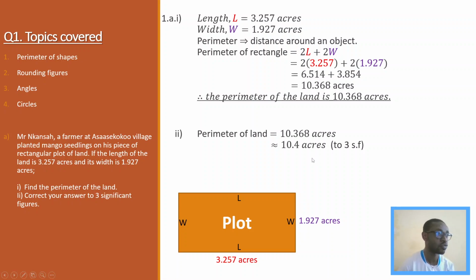Try and learn how to solve this question on your own. That is how you learn. If you don't learn how to solve the questions on your own, it will be very difficult when you meet a similar question. So try and solve the questions on your own once you know what the solution is. All right. So let's move on to the next question.